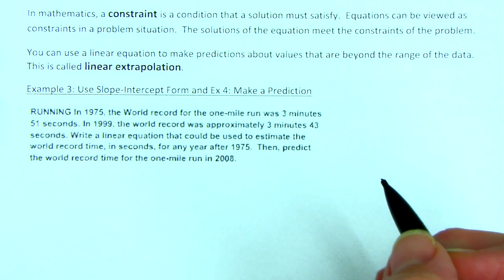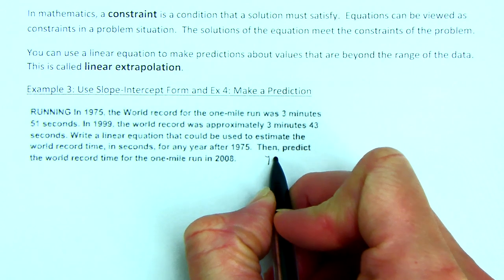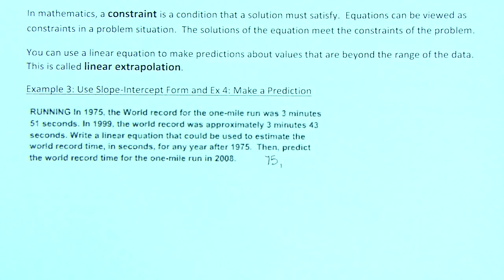Okay, so in 1975, it is 3 minutes and 51 seconds. So 3 minutes is 180 seconds plus another 51 seconds. That is approximately 231 seconds.